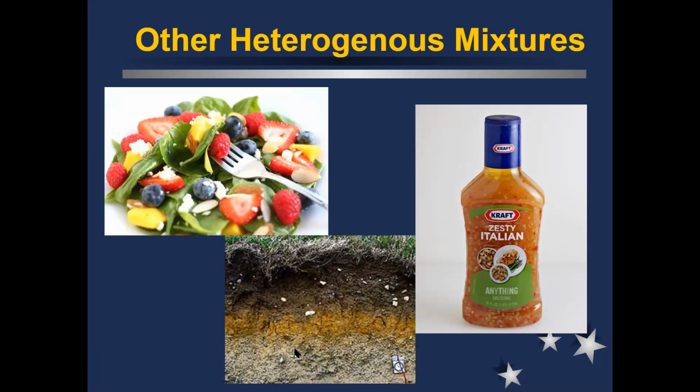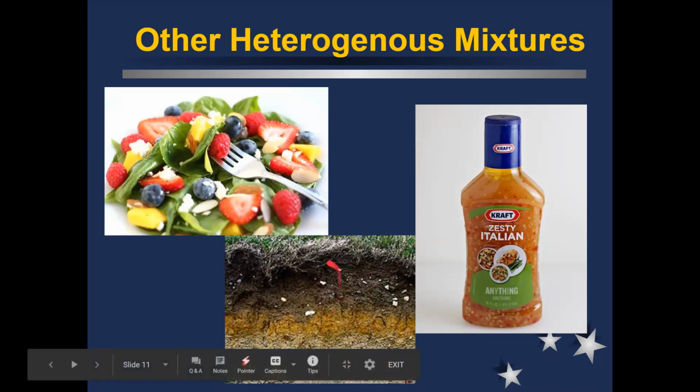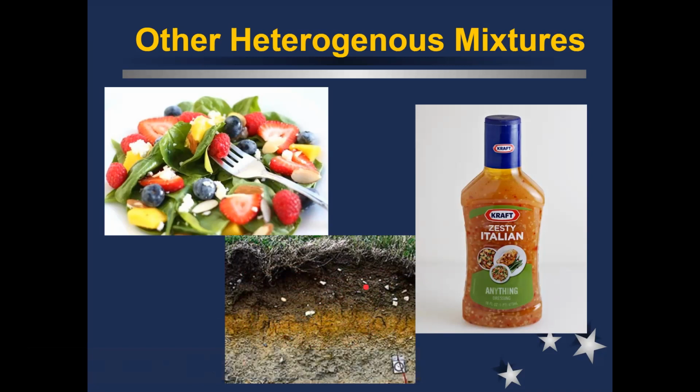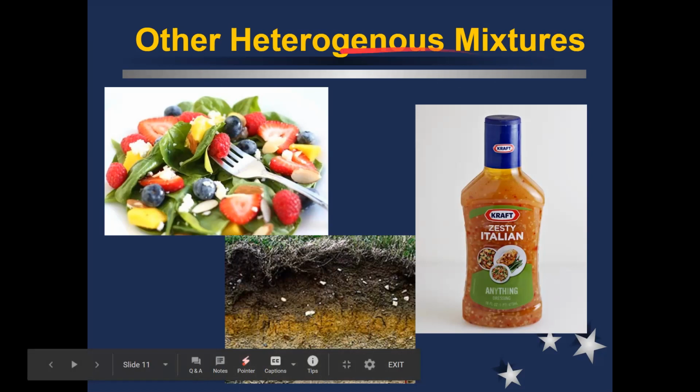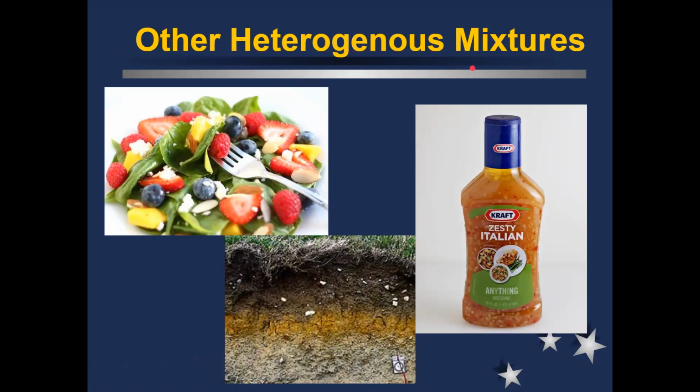So the different compounds in the soil are not totally evenly mixed. Instead, here they're literally distributed into these layers. So because it's uneven, because it's unequal, it is a heterogeneous mixture. Not everything is equally and evenly distributed.